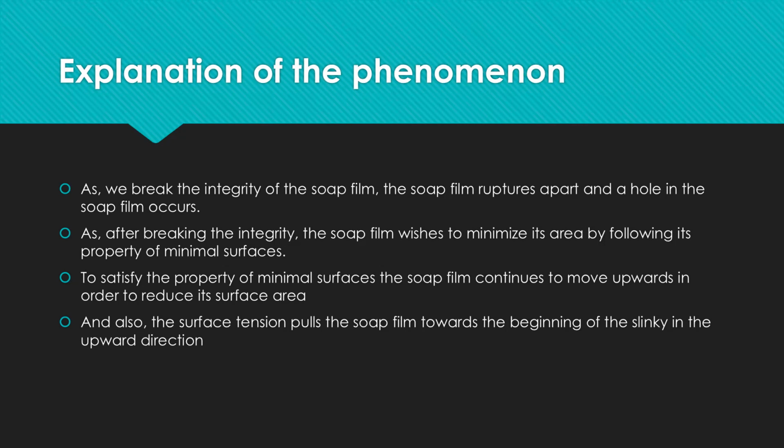As it wants to minimize its surface, it moves upwards to the beginning of this slinky, and that motion occurs in the upward direction along the slinky. The surface tension pulls it in the upward direction to minimize the surface area, to follow its property.